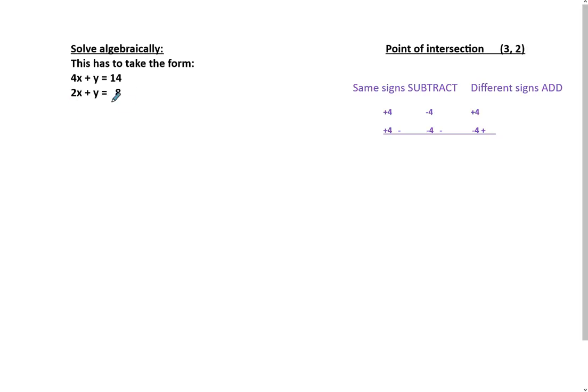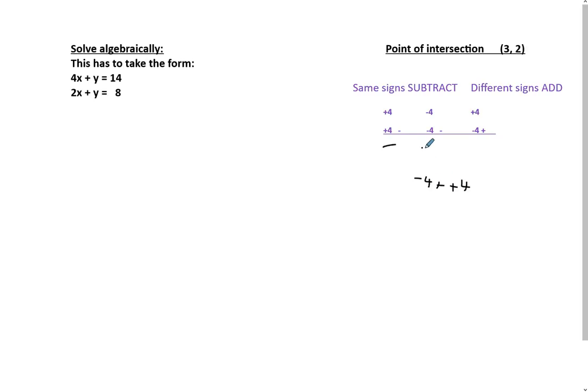I always tackle the y's because I can follow this rule. If you have plus 4y and plus 4y, then because you want to eliminate, you minus it. So 4 minus 4 would be 0. If you have minus 4y and minus 4y, then you still minus, because minus 4 minus minus 4 would become minus 4 plus 4.